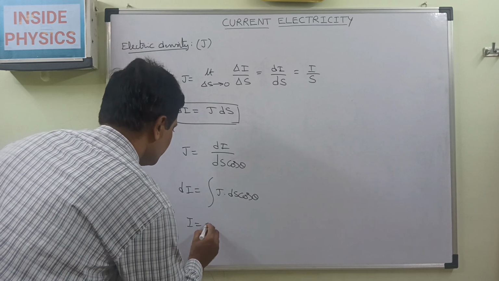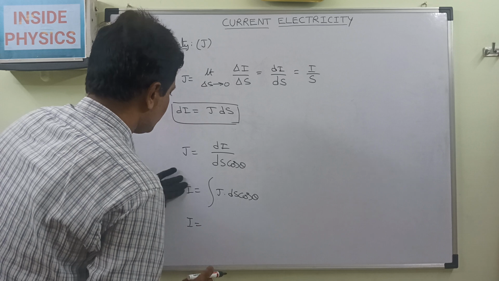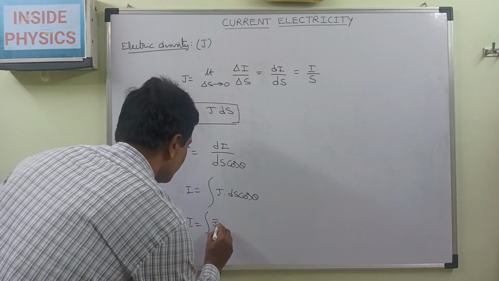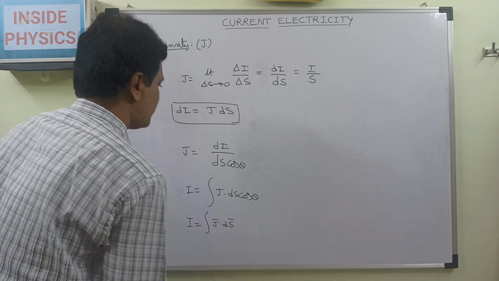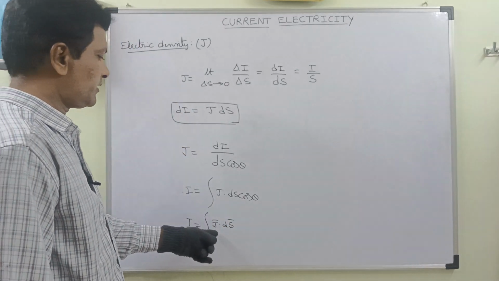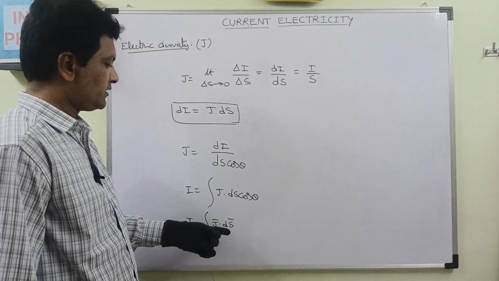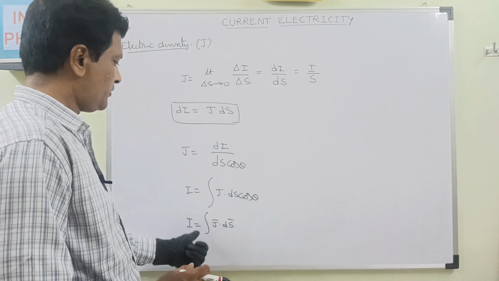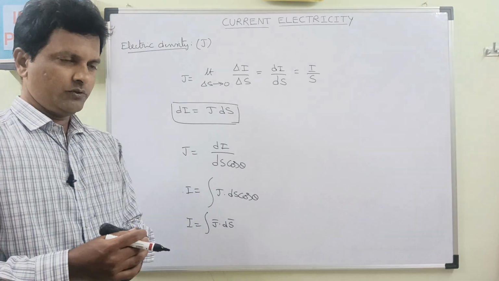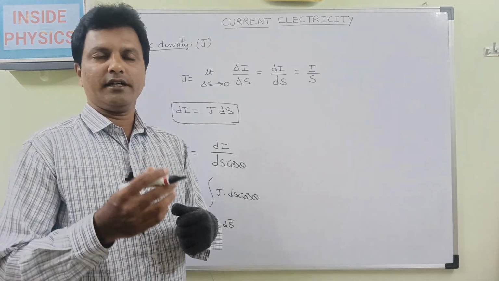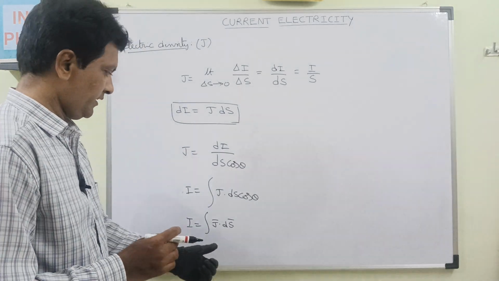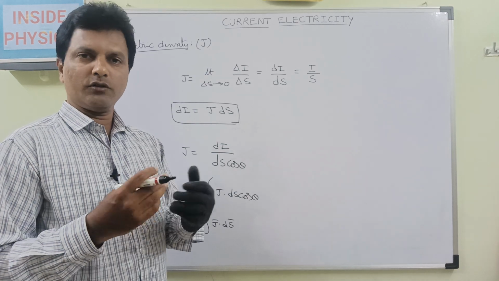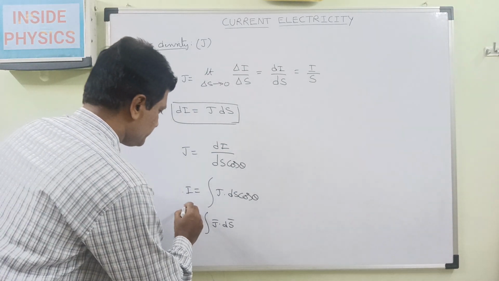So I is equal to the integral of J bar dot dS bar, the dot product of electric current density and the small surface area. Then we need to integrate to get the total electric current passing through the entire surface area. After integration we will get the total electric current.